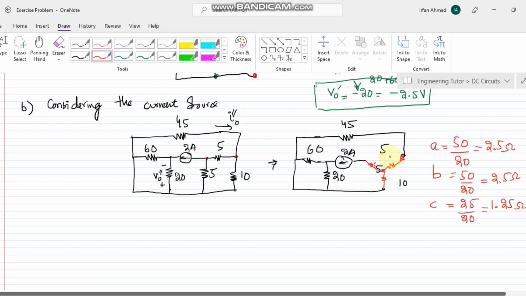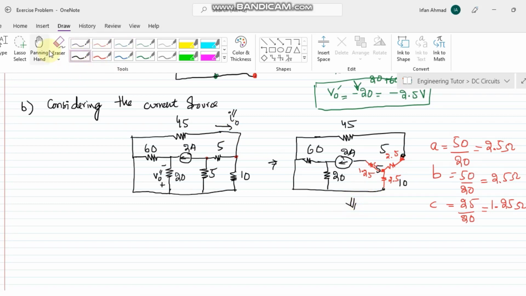So now here I think this is C, which is 1.25, this is 2.5, and this one is also 2.5. Okay, so now let me draw it clearly here.